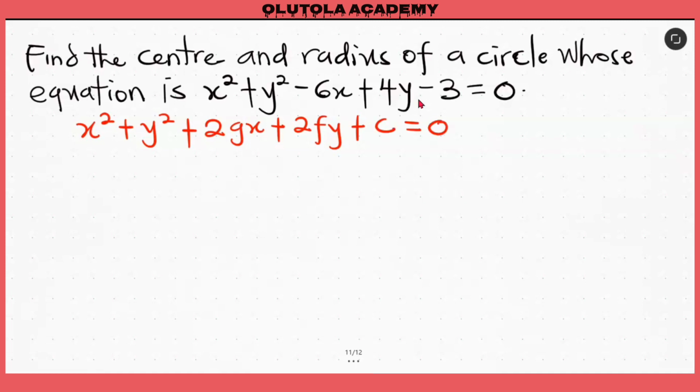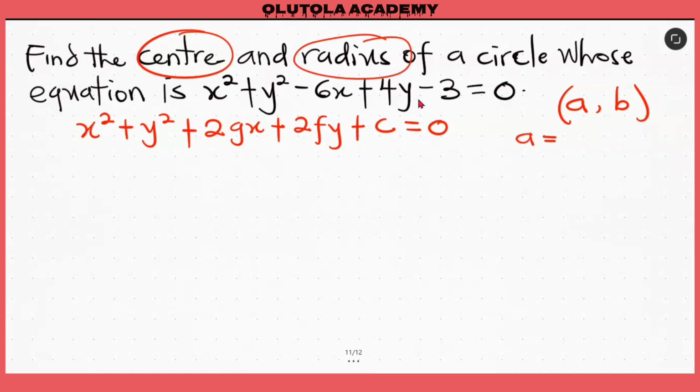So already you know that a and b are the coordinates of the center and r is the radius. For a, recall that a equals negative g and b is negative f, while r equals the square root of a² + b² − c.